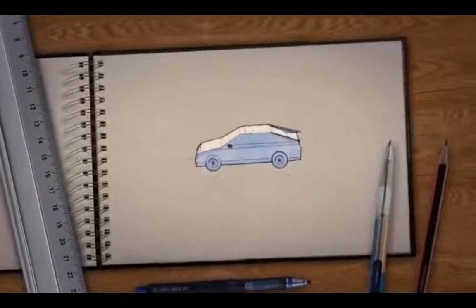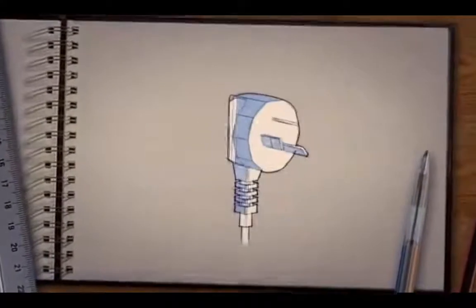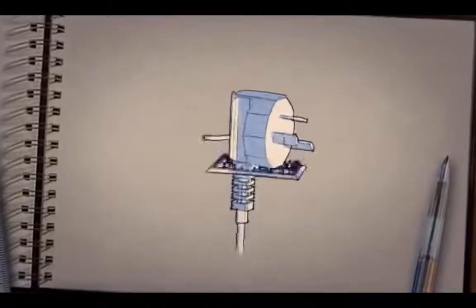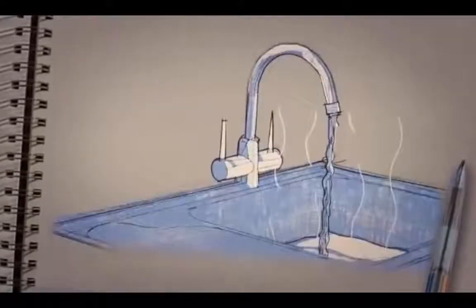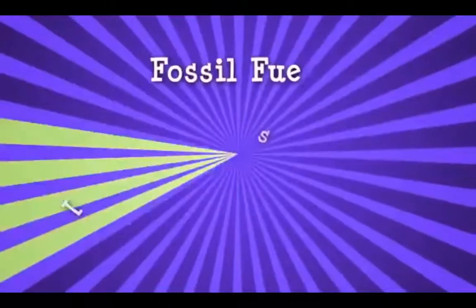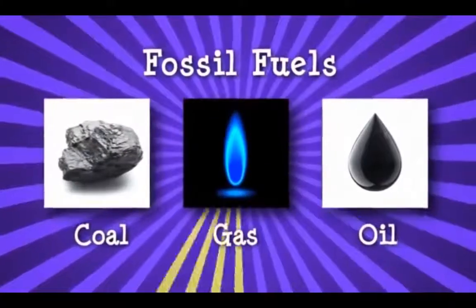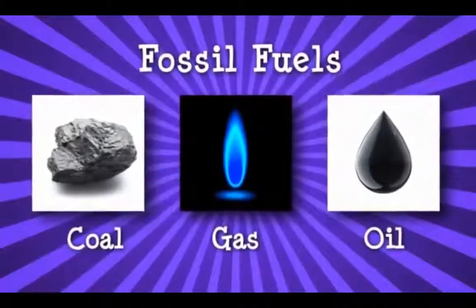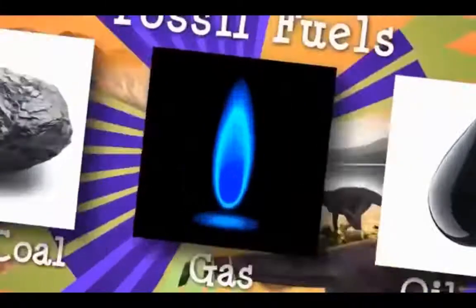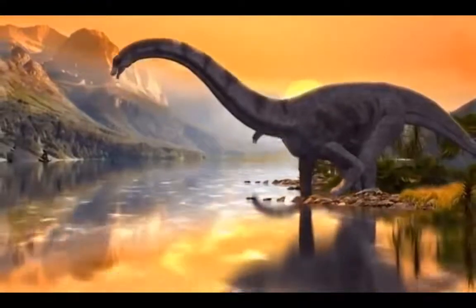What drives our cars, buses, and planes? Powers our electricity and allows us to cook our food and heat our water. Most of today's energy needs are met by fossil fuels like coal, oil, and gas. These unique, high-energy fuels are non-renewable resources that took millions of years to form.